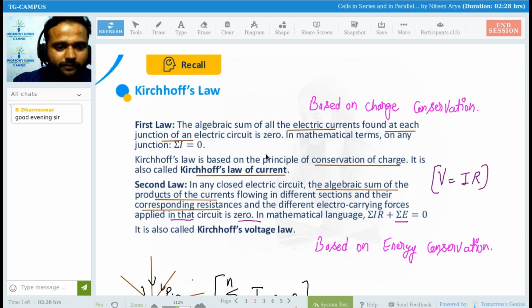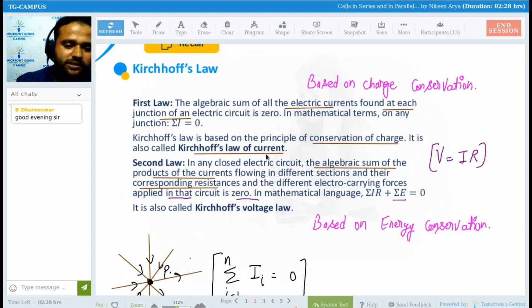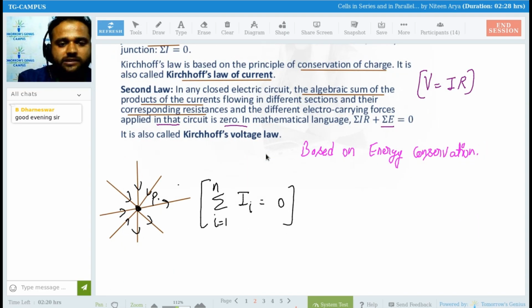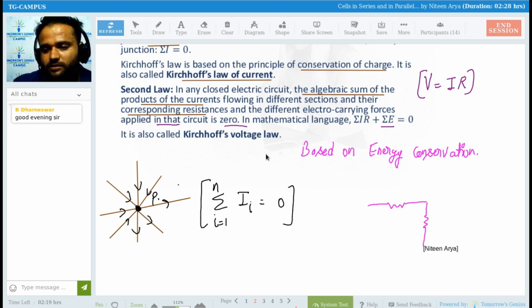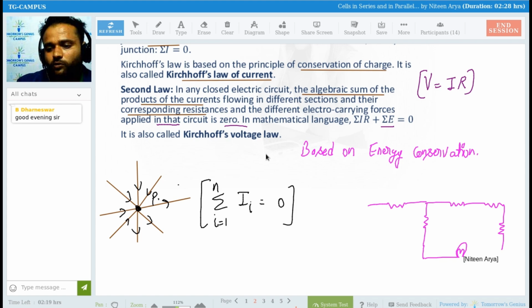Okay, this is clear now, everyone? Based on this, take an example: suppose you have this resistance and this resistance, then this resistance, then this resistance, then this resistance, and somewhere in between a bulb also.